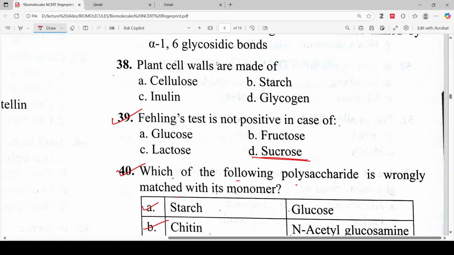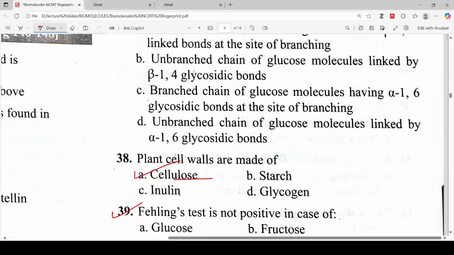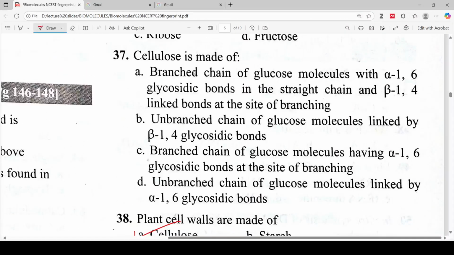Plant cell walls are made up of cellulose, starch, inulin, glycogen. So the correct answer will be option A, cellulose. The plant cell wall is made up of cellulose. Option A, branched chain of glucose molecules with alpha 1,6 glycosidic bonds in straight chain and beta 1,4 linked bond at the site of branching.